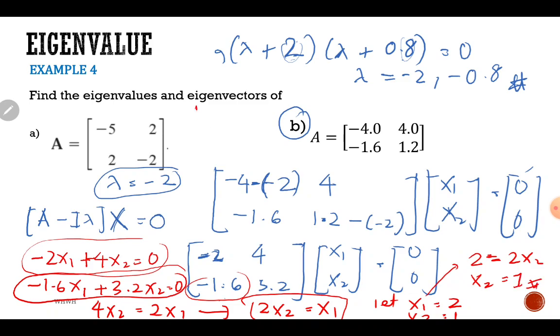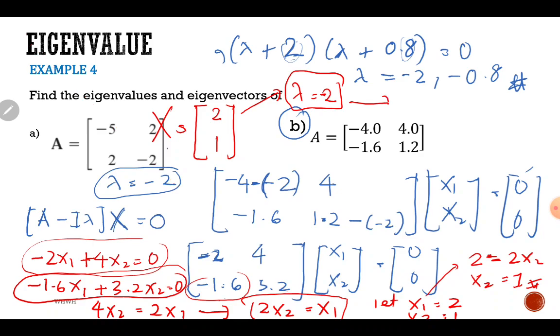So our eigenvector is x1 is equals to 2, x2 is equals to 1. This is my eigenvector for lambda equals to -2, sorry. For lambda equals to -2, this is my eigenvector.